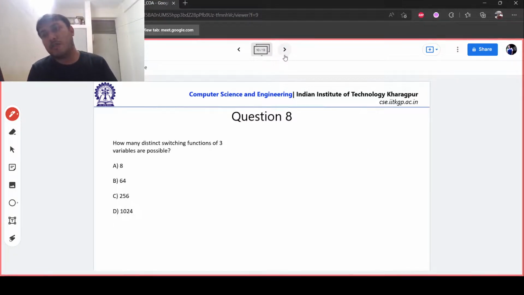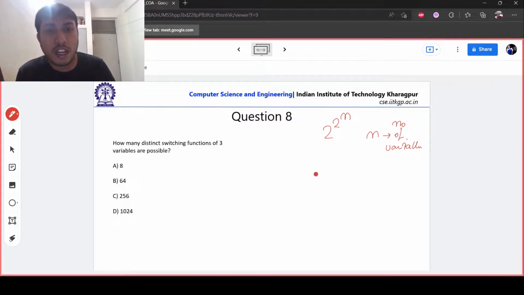So now move to the next question. So the next question is how many distinct switching functions for three variables are possible. So the standard formula for this is 2 to the power of n for n number of variables. So how does this formula come?